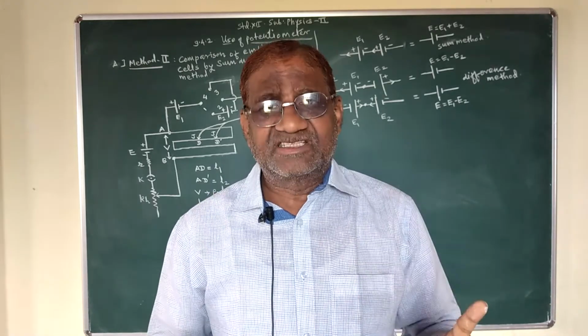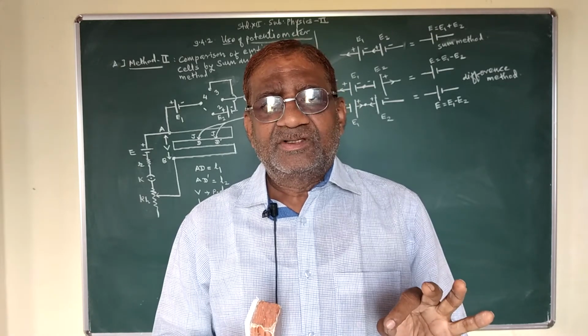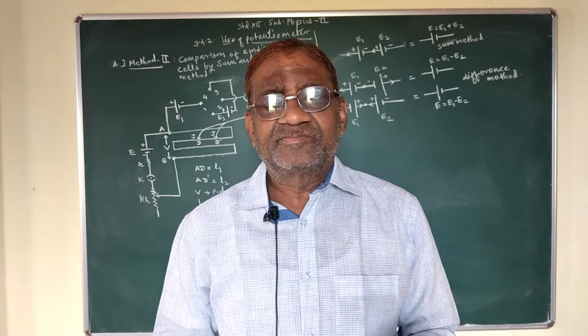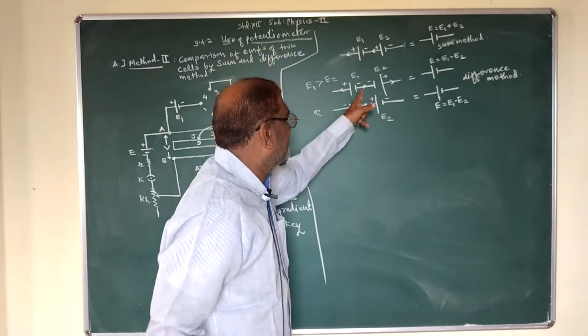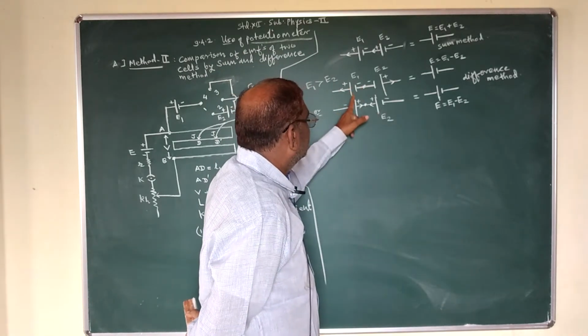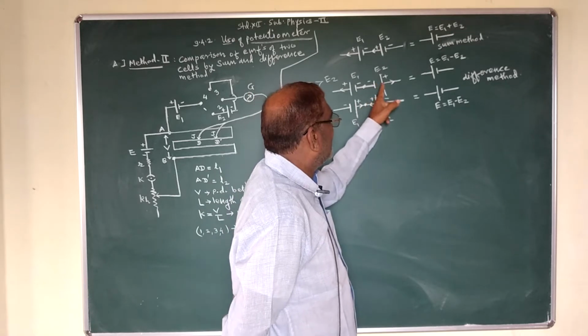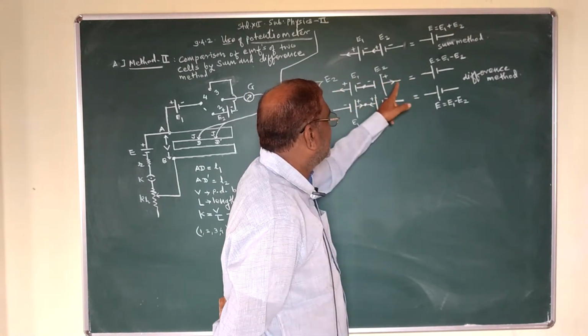Both the cells supply electric current to the electrical circuit in exactly opposite directions. In the figure we have seen that the E1 cell supplies electric current in this direction, the E2 cell supplies electric current in this direction, and these two currents are oppositely directed.